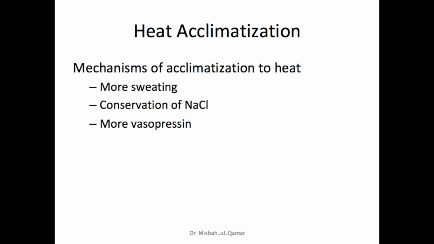When exposed to high temperature, an acclimatized person sweats more heavily, up to 4 liters per hour, as against around 1.5 liters per hour only in an unacclimatized person. How does this conservation of salts take place? You see, excessive sweating in an unacclimatized person will lead to hyponatremia due to the loss of salts, the sodium chloride in the sweat.